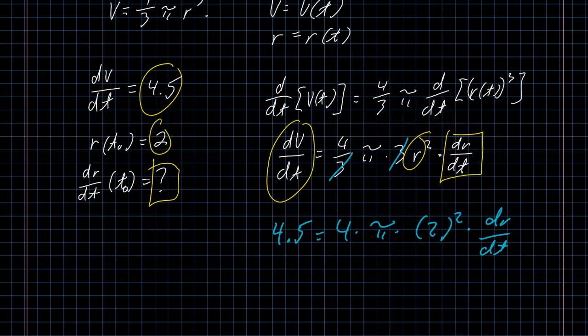4.5 looks like an approximate value. I'm not going to try to make everything exact in this problem. So I'm just going to grab my calculator and punch in 4 times pi times 2 squared, which is 16 times pi. But the important thing is my calculator tells me it's something in the ballpark of 50.3.